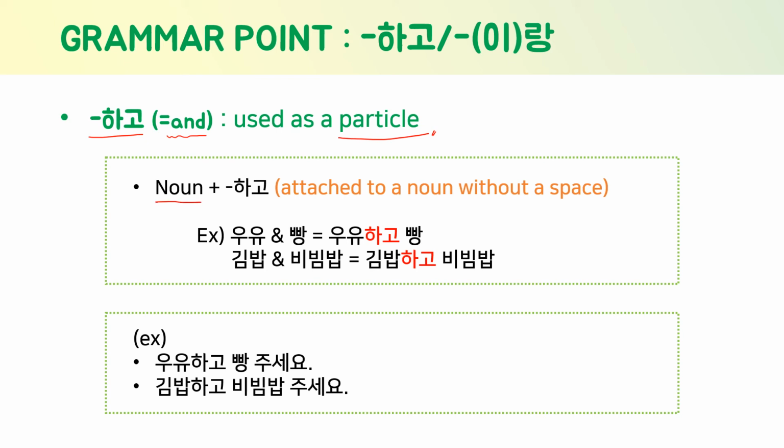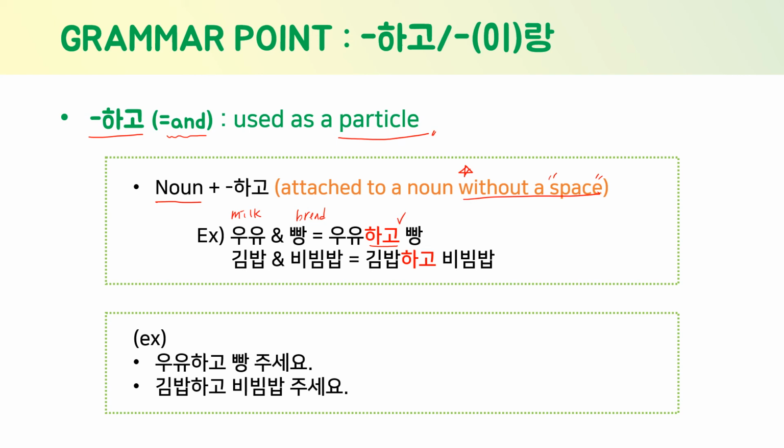But be careful, without a space. So 하고 cannot be used by itself. It has to be attached to a noun. Okay, so for example, 우유 and 빵. 우유 is milk, 빵 is bread. So milk and bread. 우유하고 빵. So there's a space.